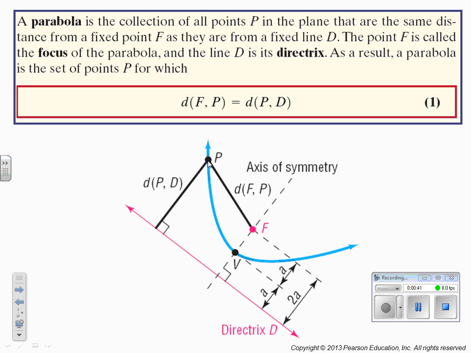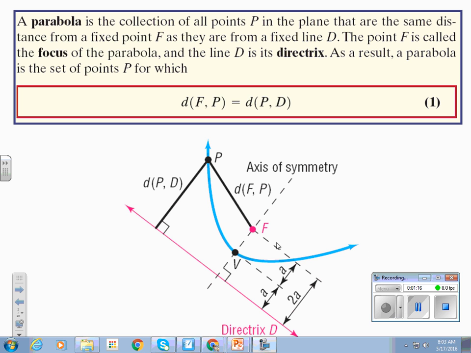So this point is the same distance from F as it is from a fixed line D. The point F is called the focus. The line D is called its directrix. As a result, a parabola is the set of points P for which the distance between F and P is equal to the distance between P and D.